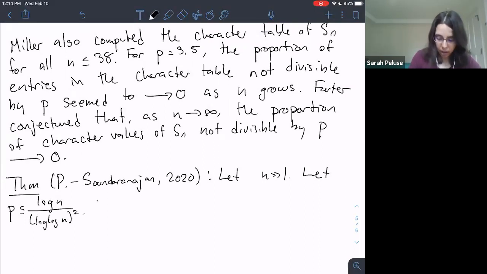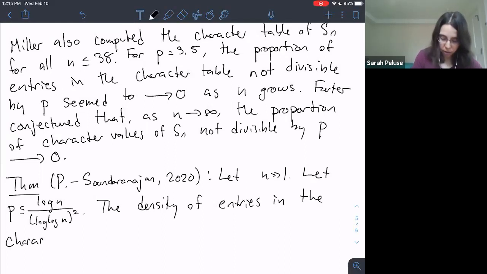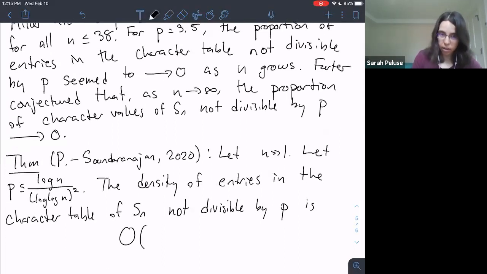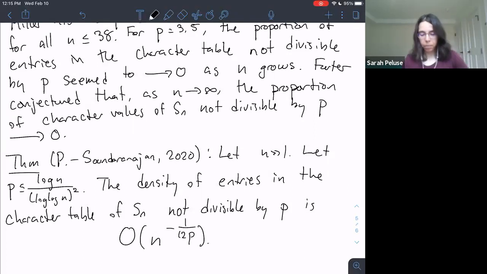Then the density of entries in the character table of Sn not divisible by p is big O of n to the negative 1 over 12p. So this says that almost every entry of the character table of Sn is divisible by all small primes.